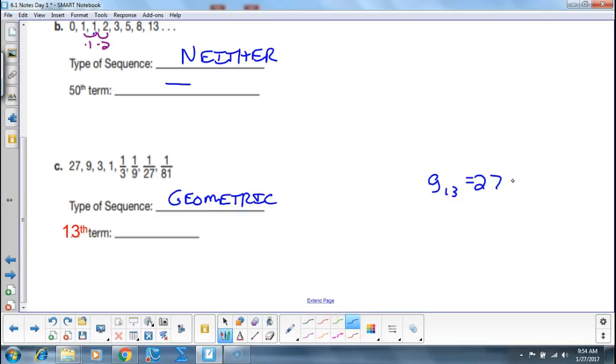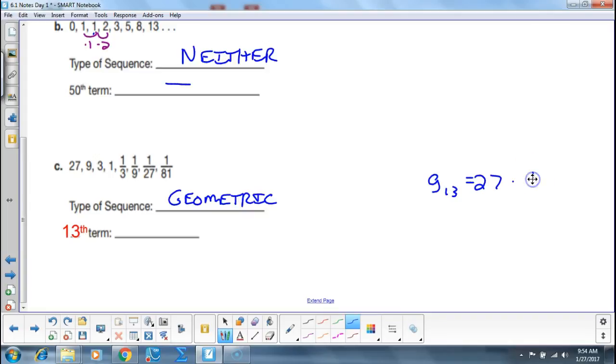27 times, what's my common ratio? How do we remember how we found the common ratio? Take any term and divide it by the one right before it. So 9 divided by 27, 3 divided by 9, 1 divided by 3, all of those reduce down to be 1/3.